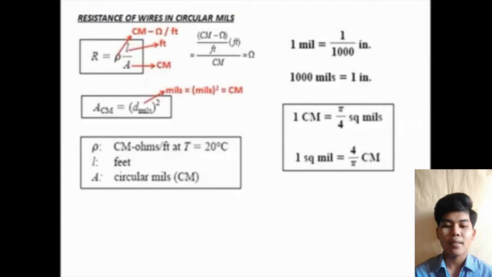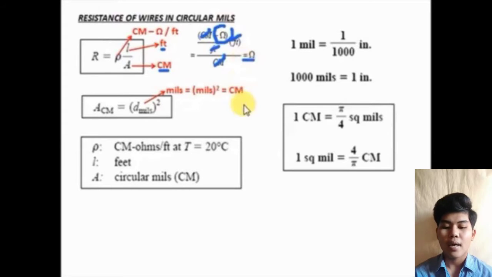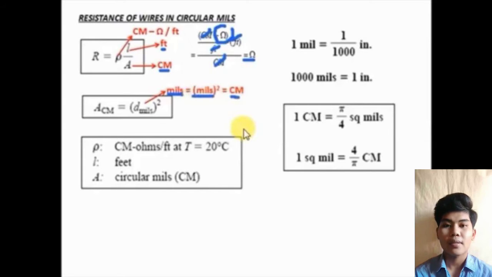The feet will cancel out, the circular mil cancel out also. Ang matitira ay ohms. Kaya ang unit ng resistance mo ay ohms. So si area, dahil ang formula nito is d squared, dapat ang unit ng diameter mo ay naka-mils. Dahil pag in-squared mo ang mils, ang lalabas ay circular mils.